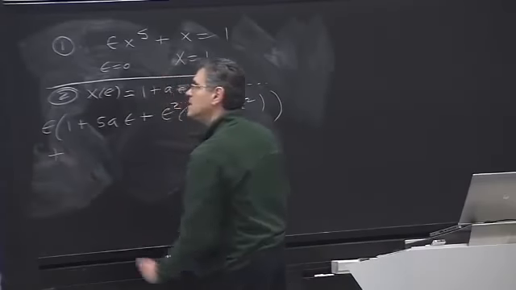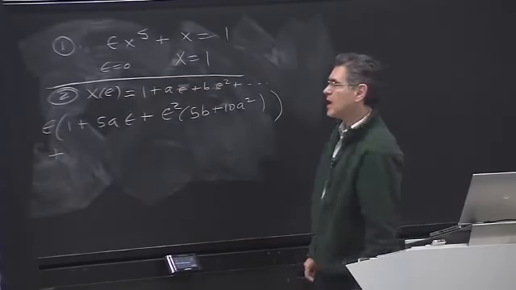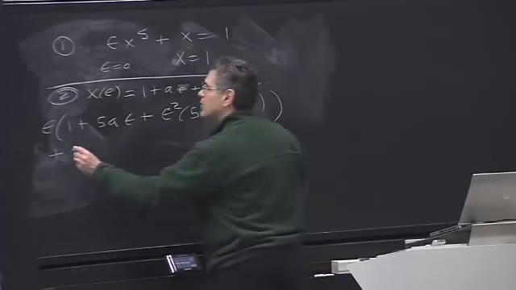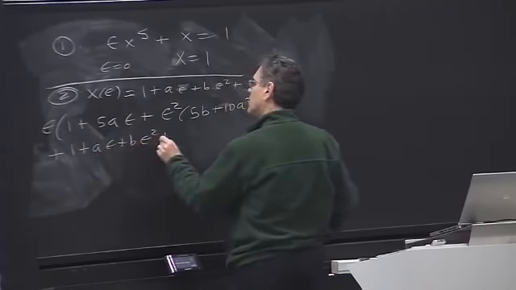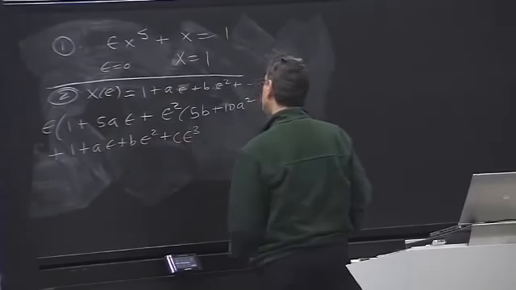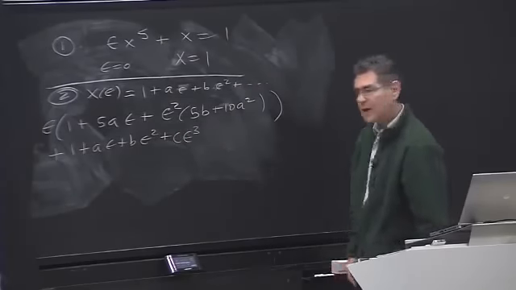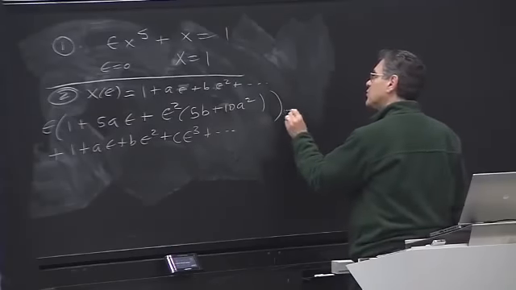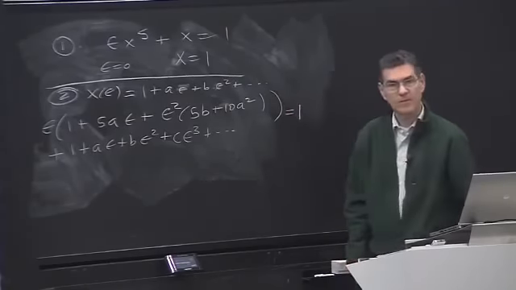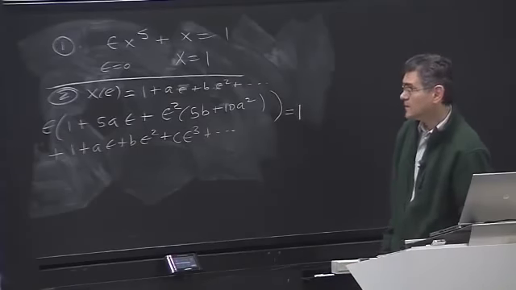Okay, and then there is a x term, which is 1 plus a epsilon plus b epsilon squared plus c epsilon cubed. Okay, and so on. And all this has to be equal to 1. Okay?